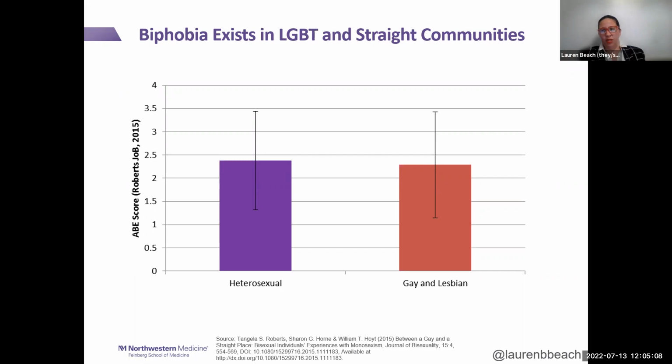So this is actually from the paper that you read, and I just made a graph showing the anti-bisexual experiences score that bisexual people reported from both heterosexual and gay and lesbian people. And while you can see that technically the paper discusses this, that the levels of biphobia that bisexual people report feeling from heterosexual people or experiencing from them is technically a little bit higher than that for gay and lesbian people.